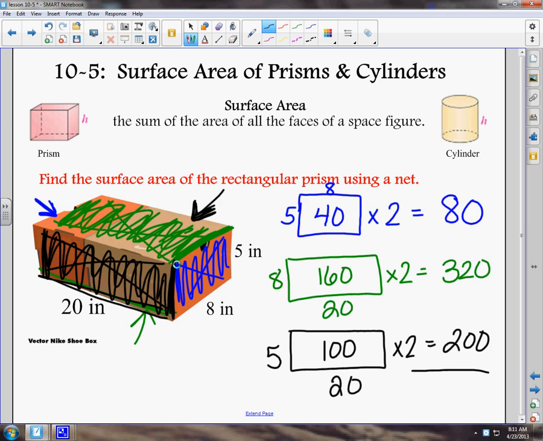I add up all of these together. 80 plus 320 is 400, plus 200 is 600. So my surface area for this prism is 600 square inches, and that's how much cardboard I would have to order in order to make this box.